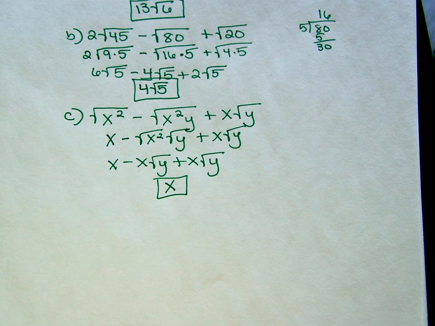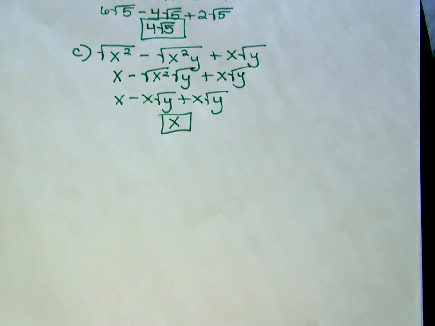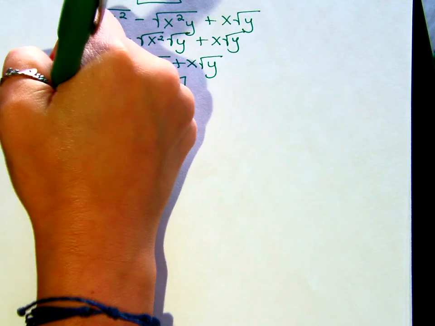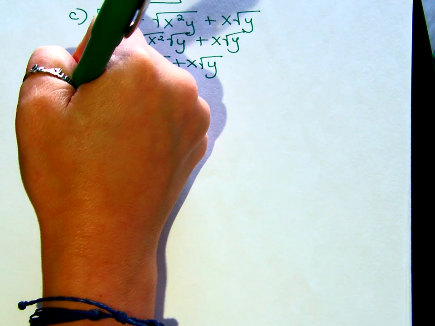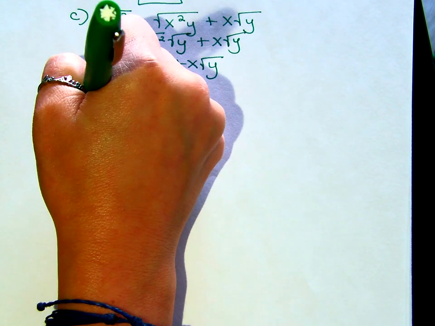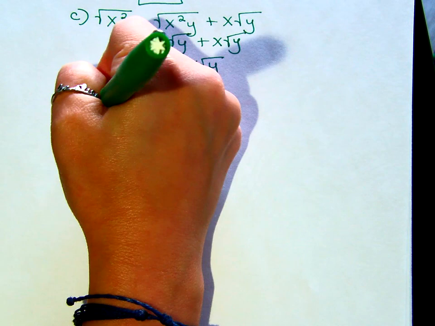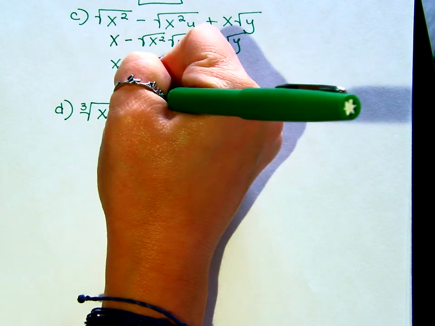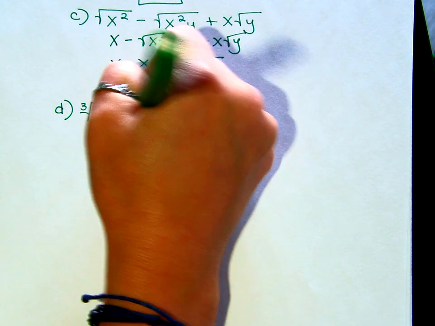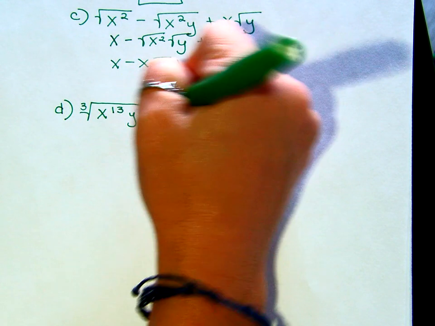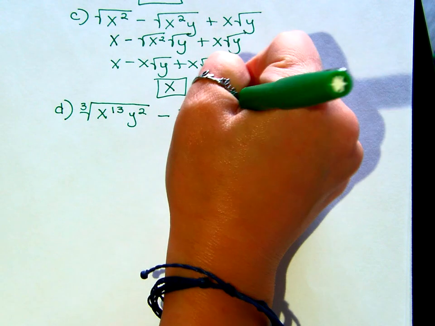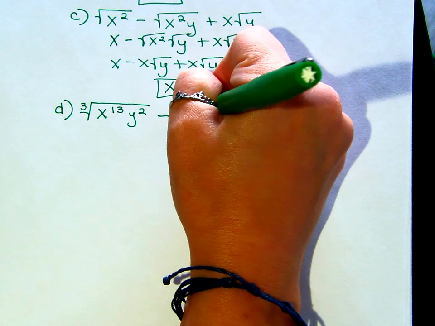All right, we're ready for the big one before we do multiplication. D, we're finally going to do a third root, or a cube root. We have the cube root of x to the 13th y squared, minus the cube root of x to the 4th y to the 8th.